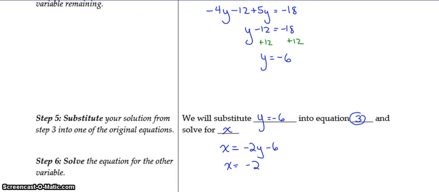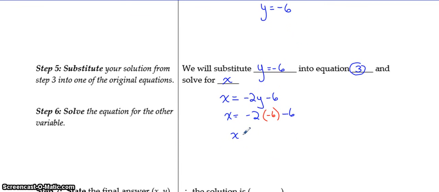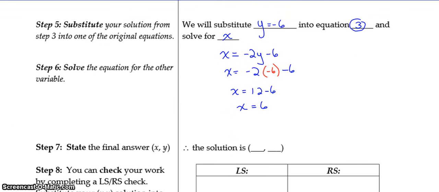So it's negative 2 times negative 6 minus 6. Negative 2 times negative 6 is 12. And 12 minus 6 is 6. That's the x-coordinate of your point of intersection. So your therefore statement, the solution is 6, because that was your x value, negative 6, because that was your y value. So always remember, the x value comes first, the y value comes second.